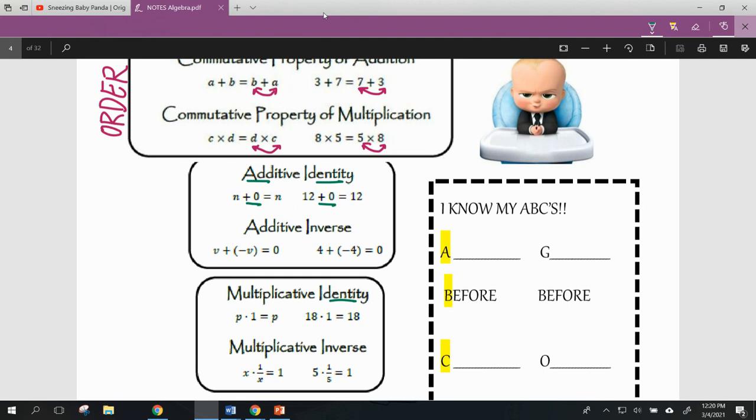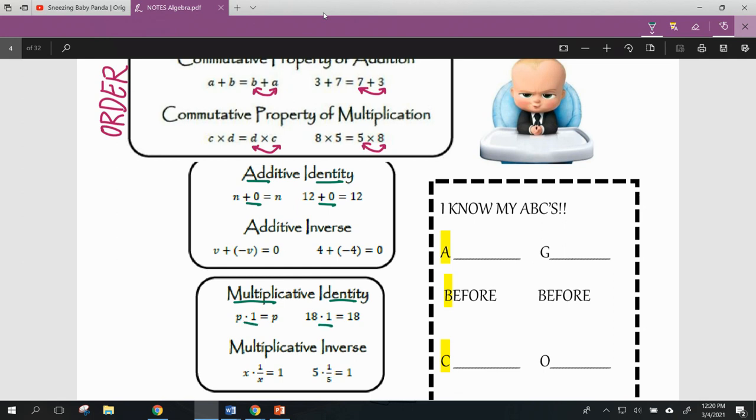Okay? Same thing happens for the multiplicative identity. Say that out loud. Multiplicative. The multiplicative identity deals with multiplication. What can we multiply any number by and not change that number?